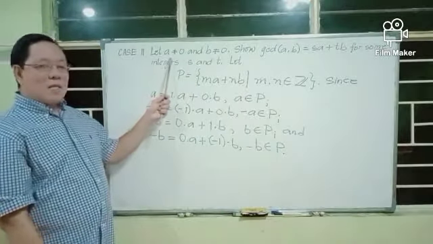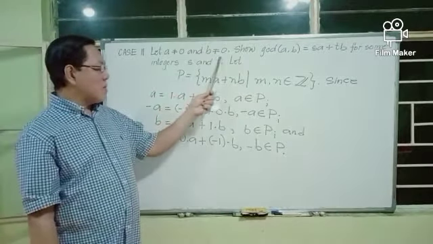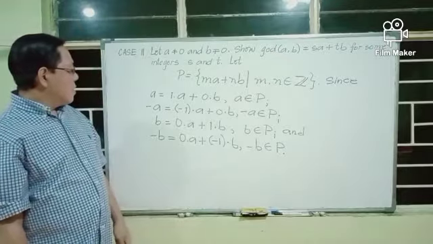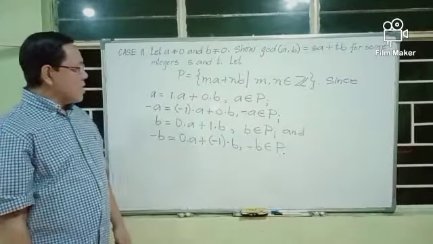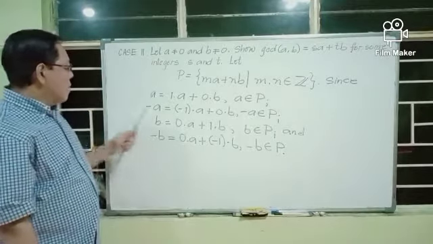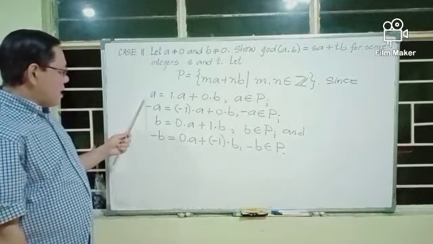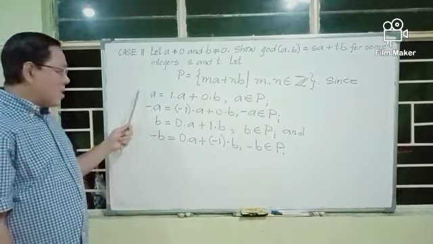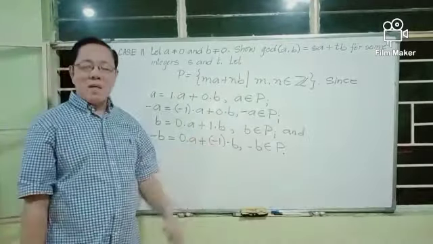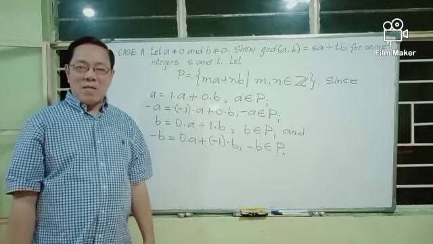Because a is not equal to 0 and b is not equal to 0, for any integers a and b, one of these four elements of set P, a, minus a, b, and minus b, must be positive.